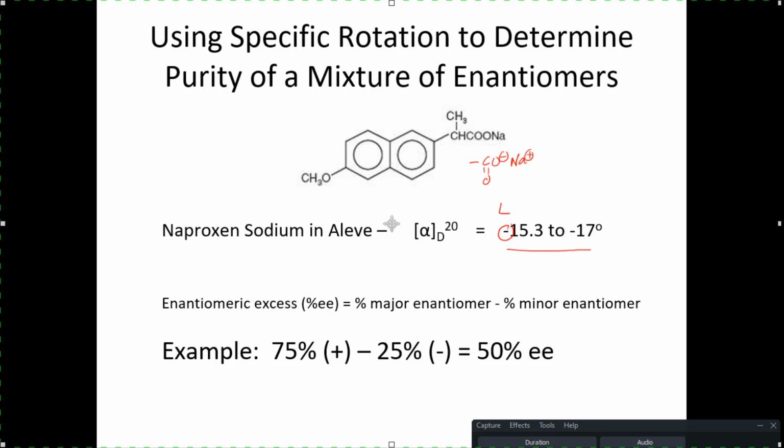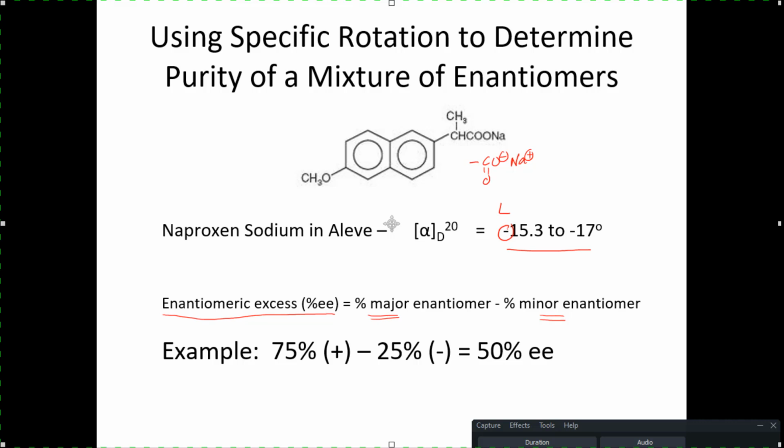But if I have a mixture of enantiomers, they counteract each other. So, for instance, what is called the enantiomeric excess is the percentage of the major enantiomer minus the percentage of the minor enantiomer. How much in excess one enantiomer is over the other.